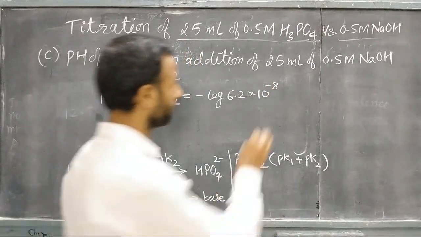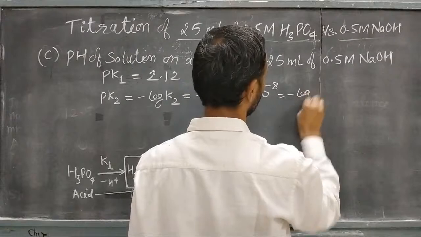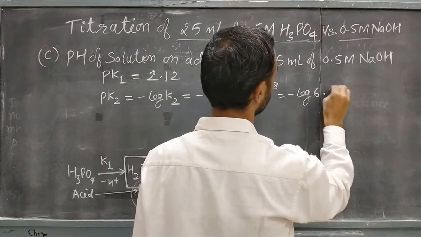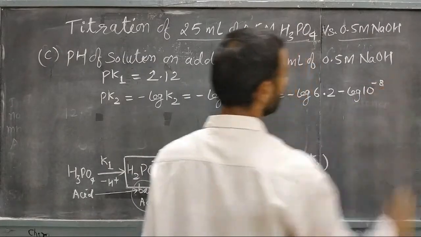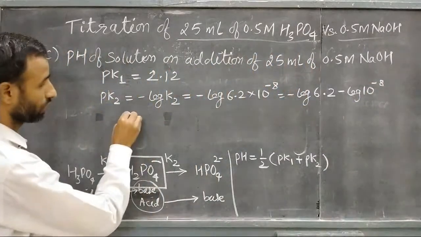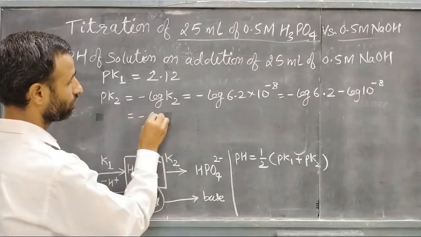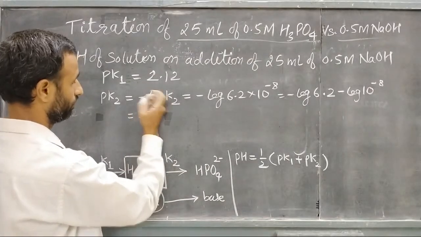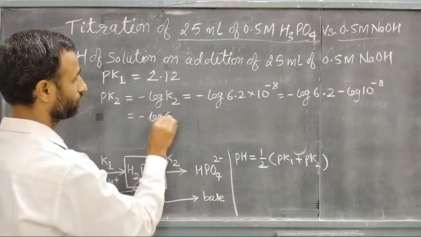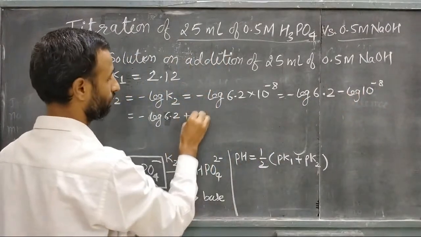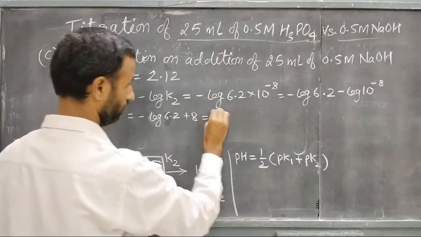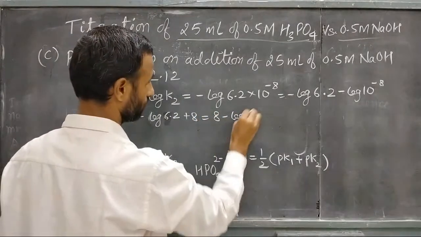Okay, so that is minus log of 6.2 minus log of 10 raised to minus 8. So it comes out to be minus log of 6.2, and minus 8 becomes plus 8. So 8 minus log of 6.2.